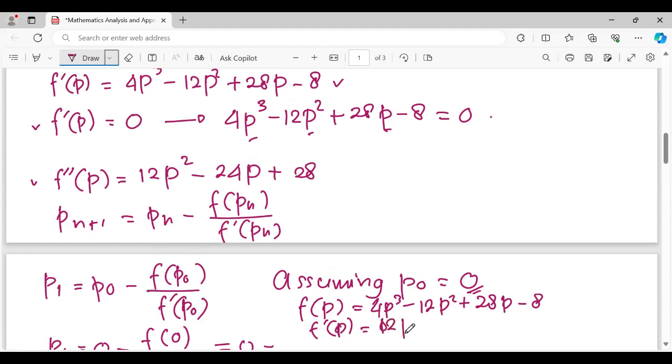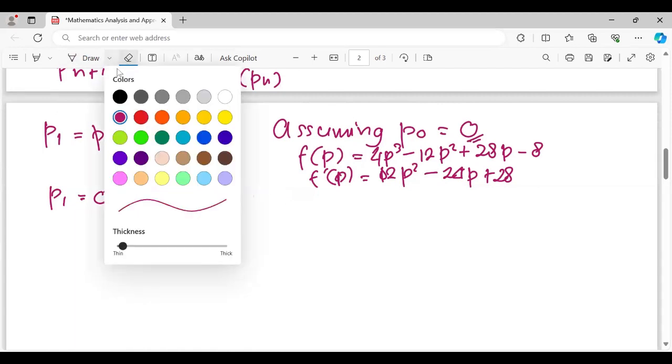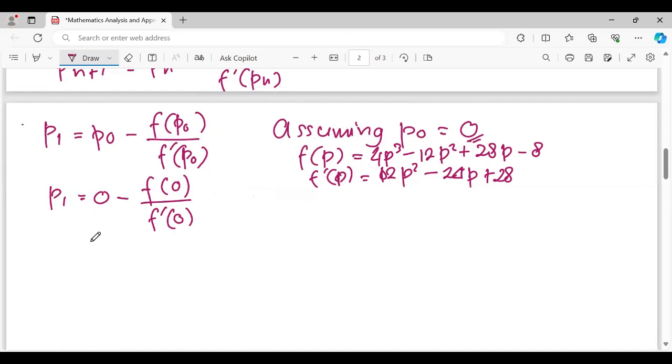That's 12p squared minus 24p plus 28. All right. So writing under this entry, it becomes 0 minus all of this, with p becoming 0.